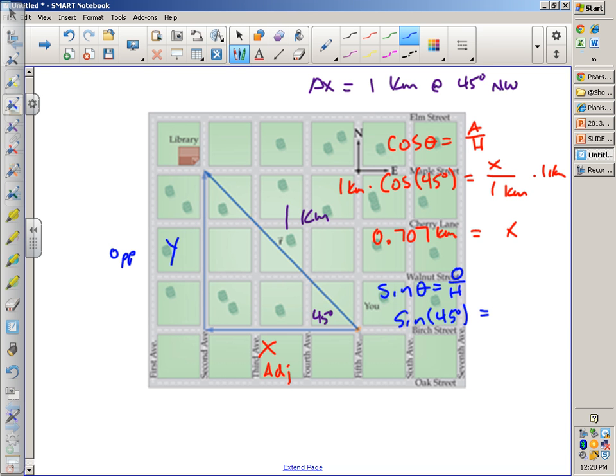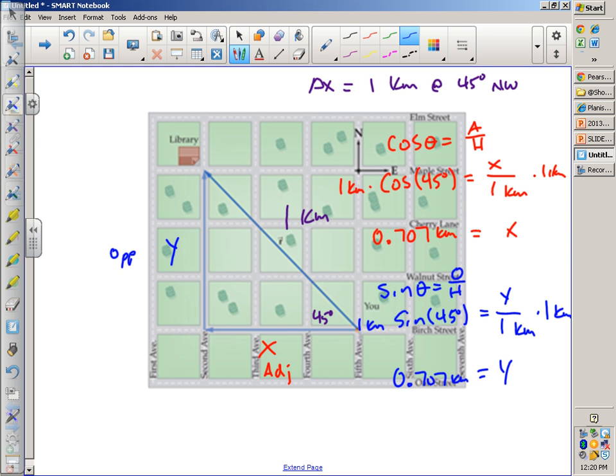We don't know the opposite side, so we just leave that as y. And then the hypotenuse is still 1 kilometer. Multiply both sides by 1 kilometer, and you plug sine of 45 into your calculator, and what you find out is that they're the same. Okay? So that's the long way of doing it.